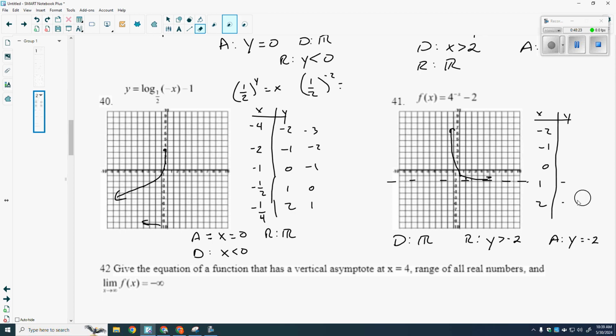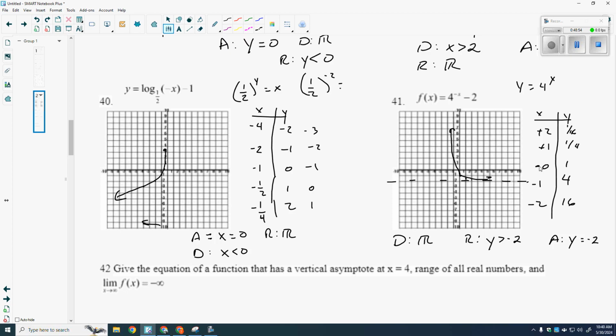That is not how we did it in class. So for those of you who did it differently, here's what we did in class. We ignored the negative sign, right? And I just went y equals 4 to the x. Negative exponent makes that 1/16, makes that 1/4, makes that 1, makes that 4, makes that 16. The negative sign makes that negative, makes that negative, makes that negative, makes that positive, makes that positive.